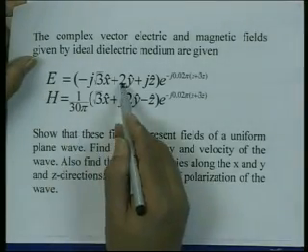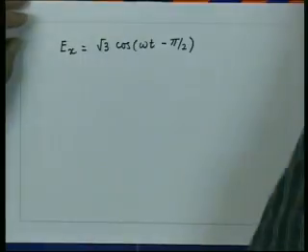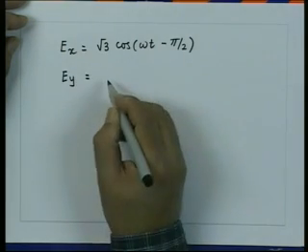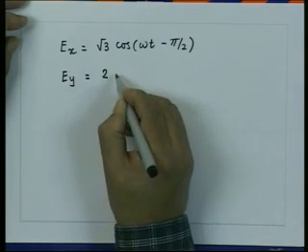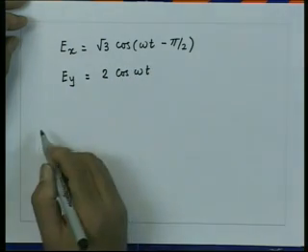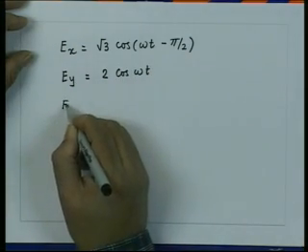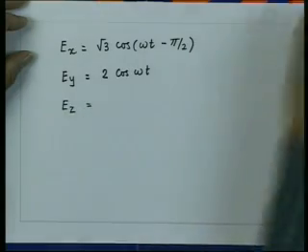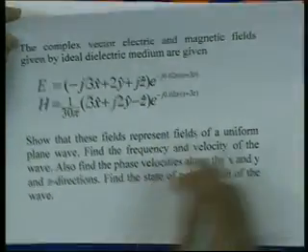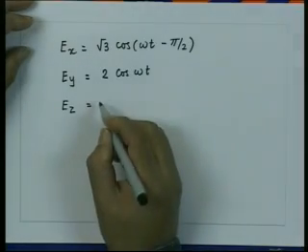The y component has an amplitude 2 and a 0 phase, so E y equals 2 cos of omega t. The z component E z is equal to j, so it has magnitude 1 and phase plus pi by 2.